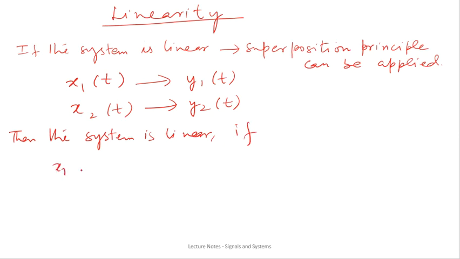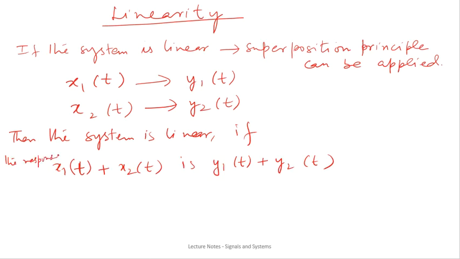the response or output to x1 plus x2 is y1(t) plus y2(t). So the response to the input x1(t) plus x2(t) should be equal to y1 plus y2.